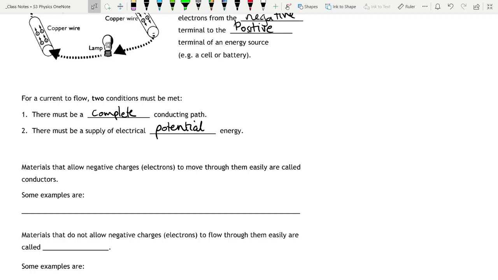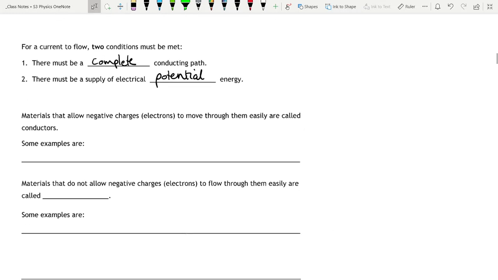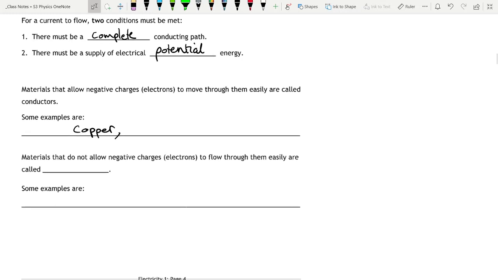Materials that allow negative charges to move through them easily are called conductors. Does anyone have any examples of conductors? Copper, yep. Anything else?